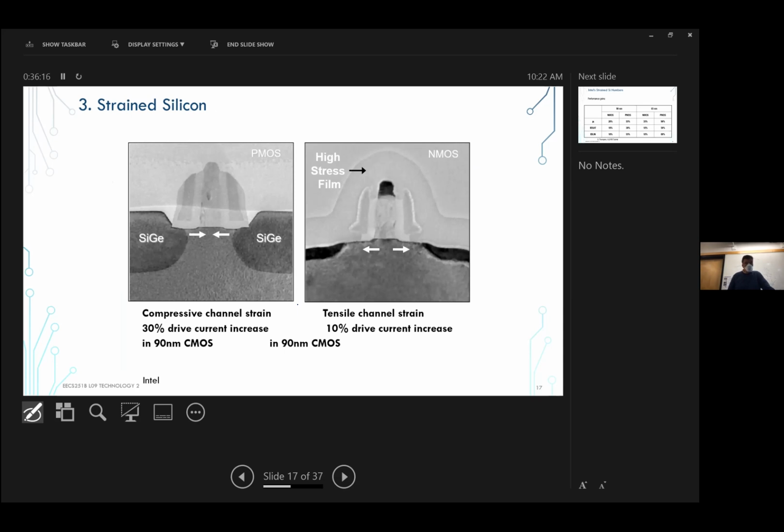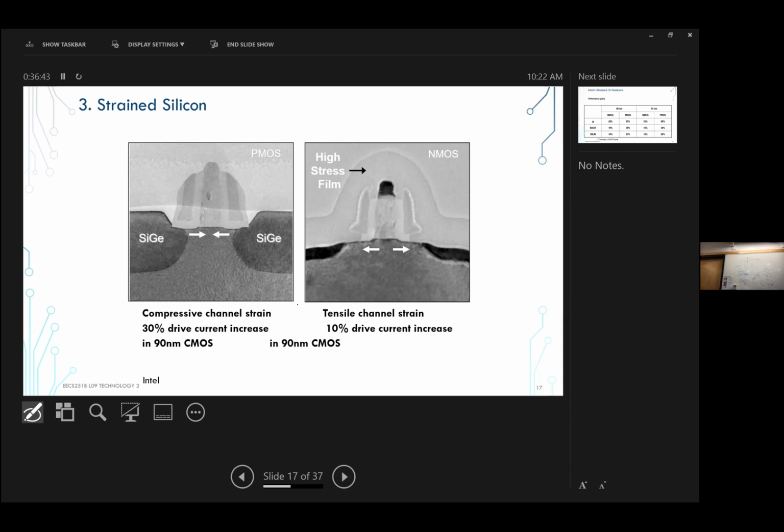Strain silicon is something that we do need to be aware of, and it affects pretty much everything, including digital design. There are two ways mobility is engineered in the devices. In case of PMOS devices, compressive strain helps.